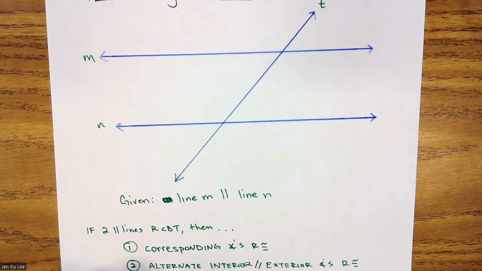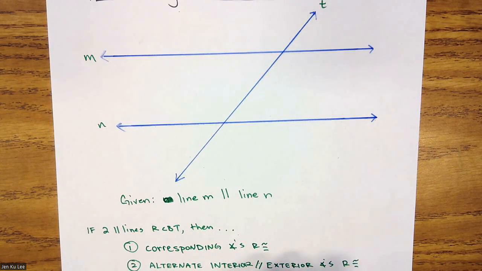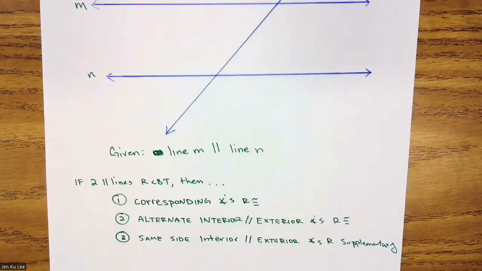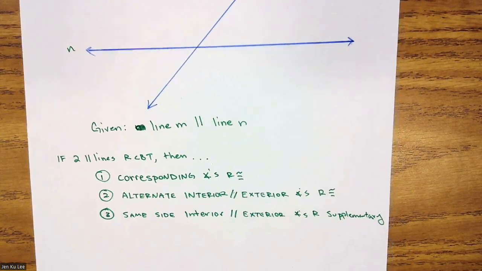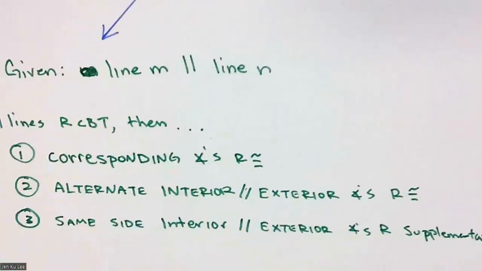And then the third one was same side interior or exterior angles are supplementary. Right? So we had those three rules.